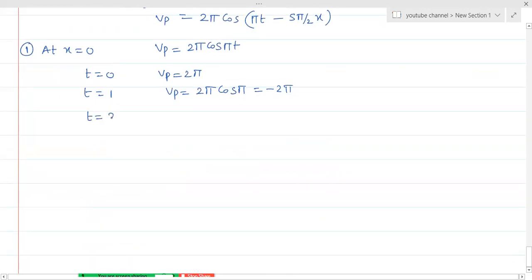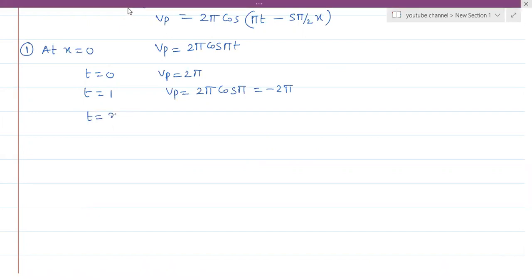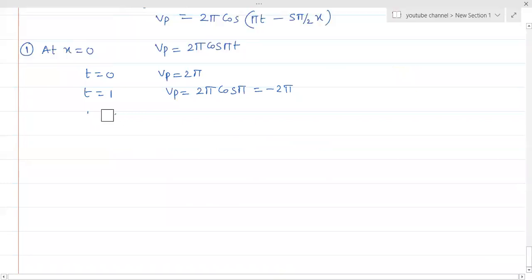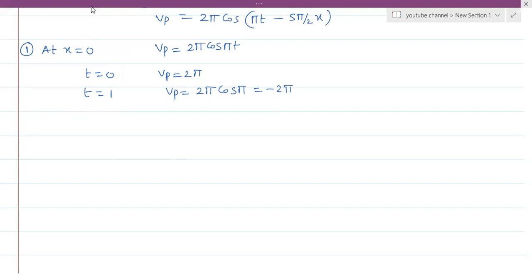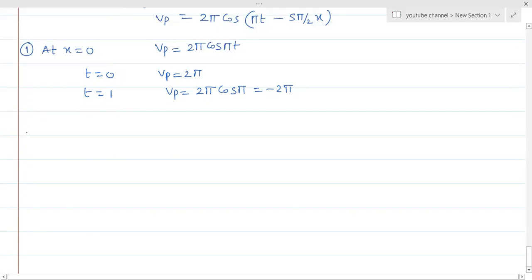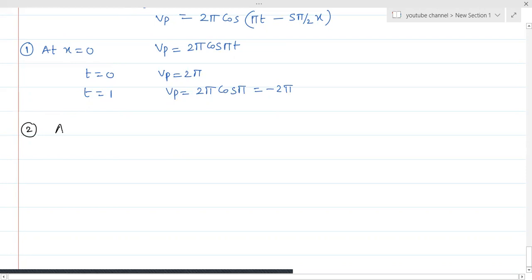And we are taking the next question. Second one we are taking at x is equivalent to 2 and t is equivalent to 6.